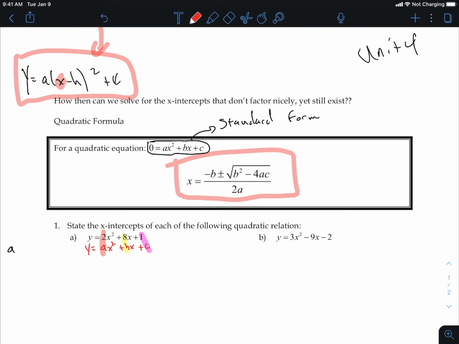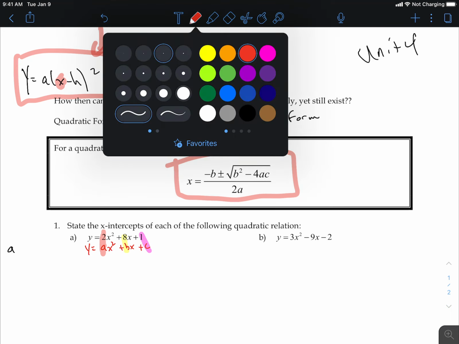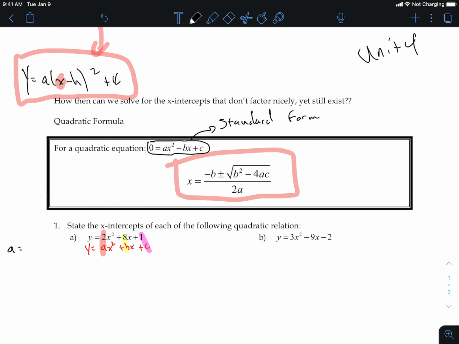A is equal to 2. C is equal to C, obviously.